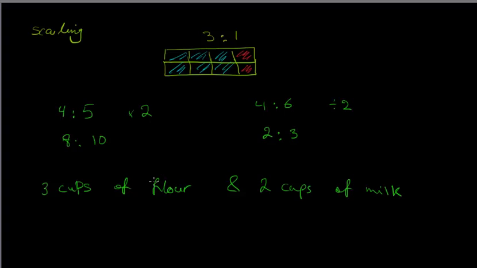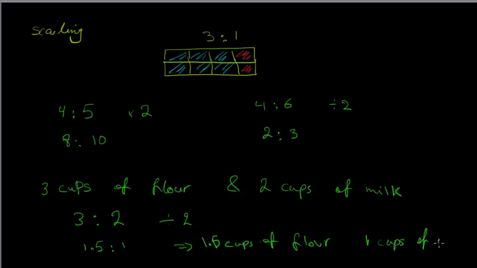In order to do that, we divide them by 2, so the ratio of flour to milk will be 1.5 to 1. It means for every 1.5 cups of flour, you'll have 1 cup of milk. That is called scaling down.